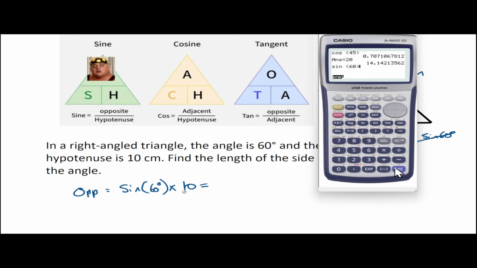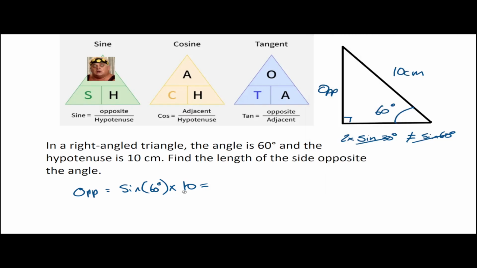You can do it in one fell swoop, but I just want to show you what it looks like. Notice that sine of 30 was 0.5, so it's not a 2-to-1 ratio, and we multiply that by 10, so 8.66 to 2 decimal places. That's our answer. Let's just do a couple more.